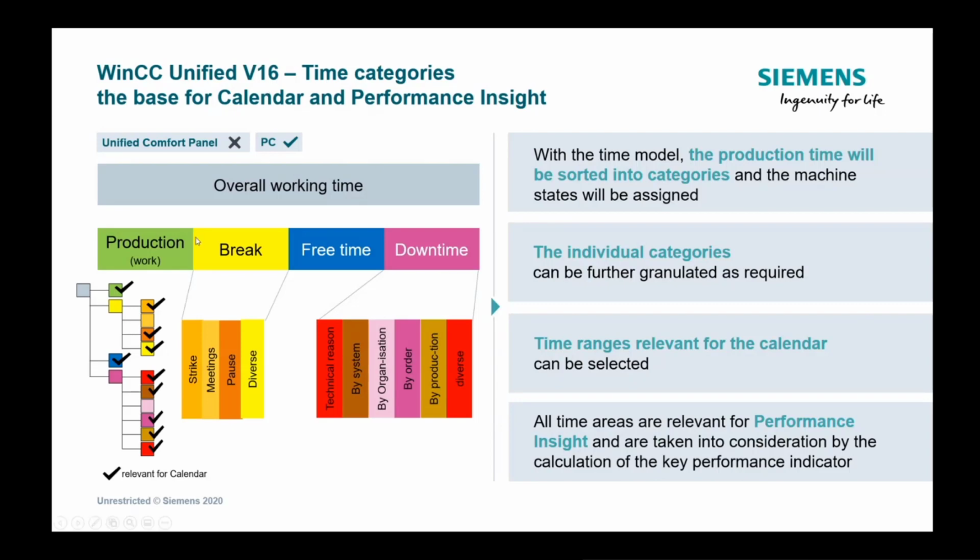So an example here is we've got the time broken into production time, a break, some free or undefined time, and then downtime. And within these, we can specify specific reasons. A lot of companies will have these already defined, or we can use open source standards that are already defined for these sort of states, OMAC or something like that.